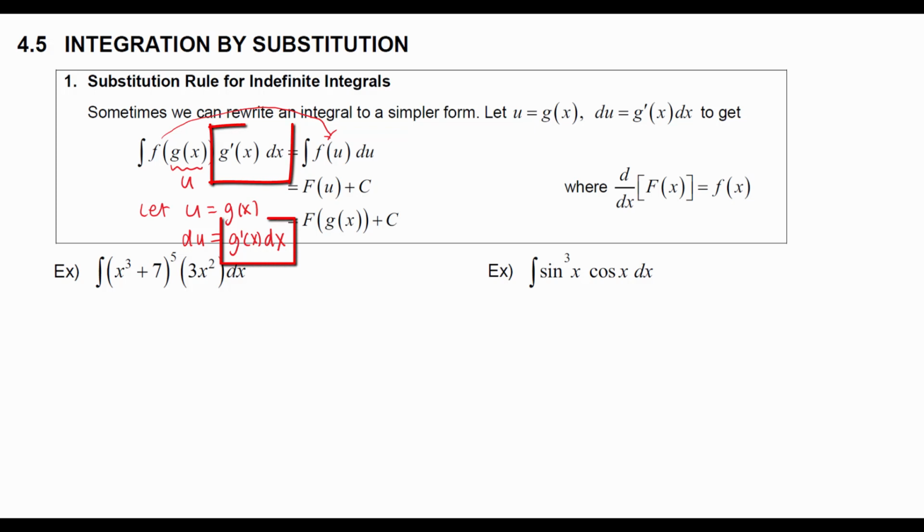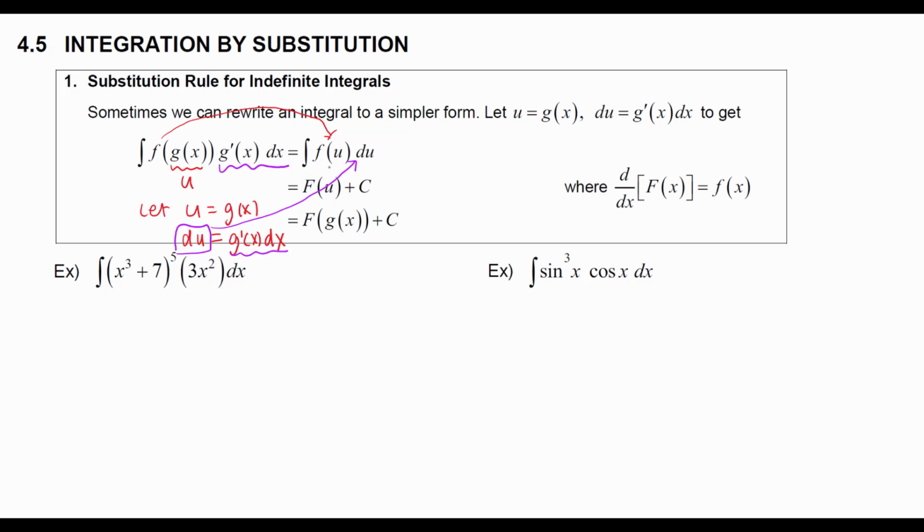So this g prime of x dx, you're going to replace it by du. So now du is sitting in here. Originally we had the integral of f of g of x times g prime of x dx. Now it is much simpler.